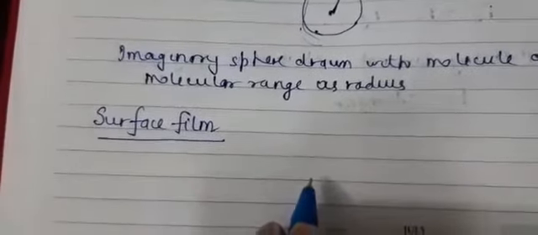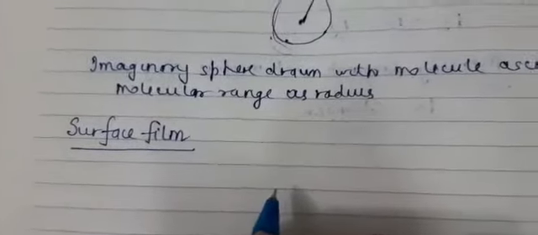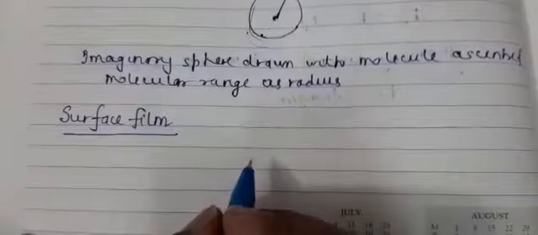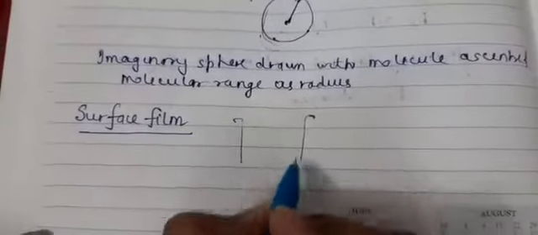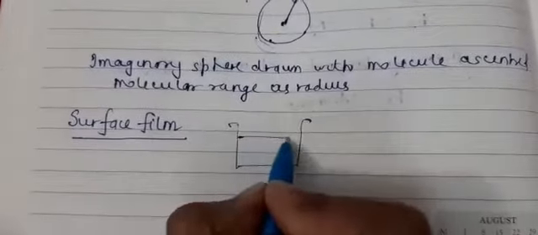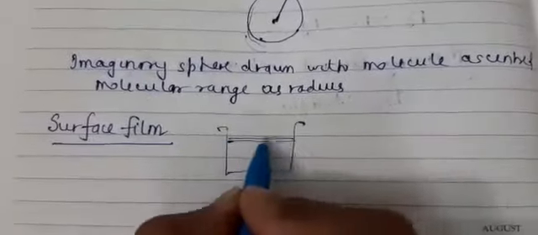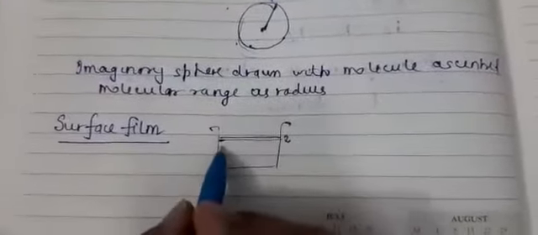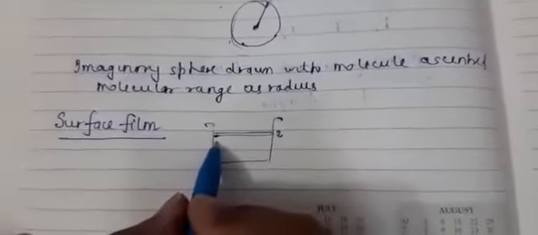Surface film. What is it? It is the topmost layer of the liquid at rest with thickness equal to molecular range. And although molecular range is very small, मान लो हम ये कहें कि ये लिक्विड की बिल्कुल टॉप मोस्ट लेयर है जिसकी थिकनेस molecular range के इक्वल है. Actually it exists, but we cannot just see it as a separate layer.